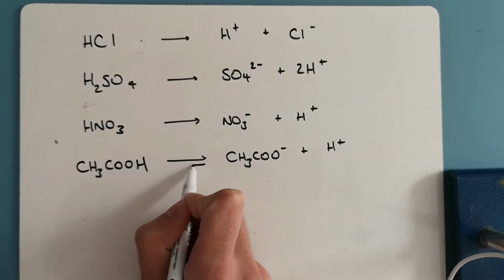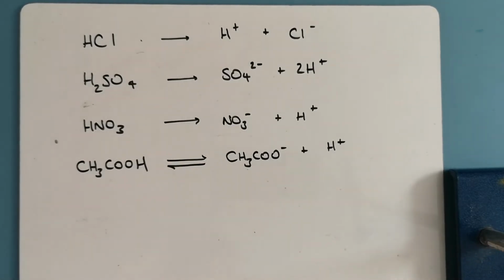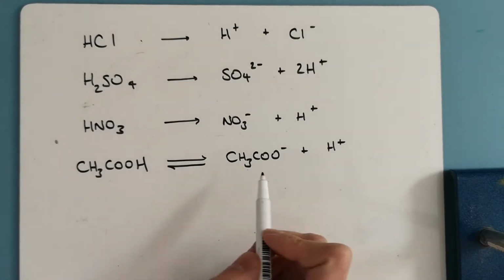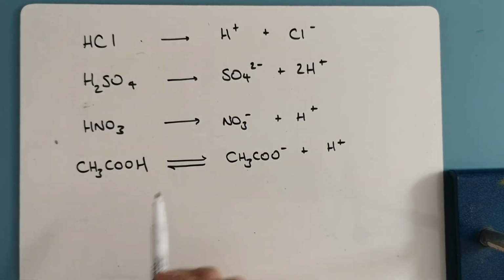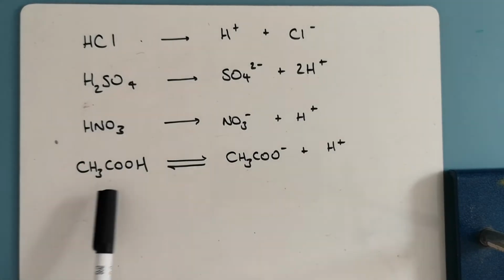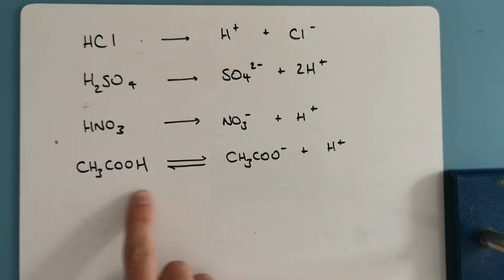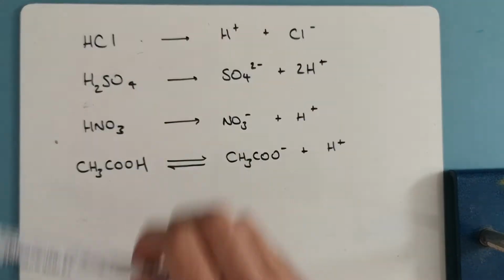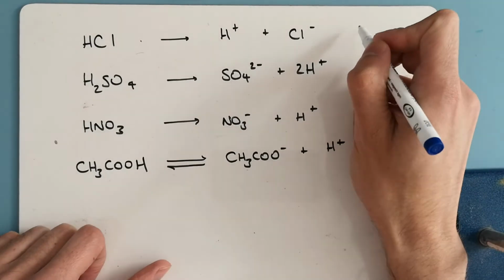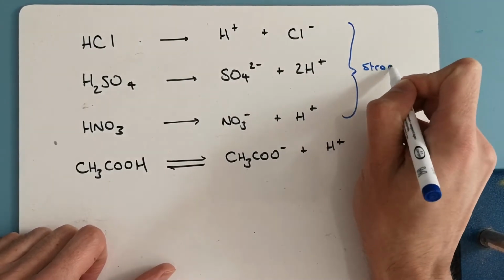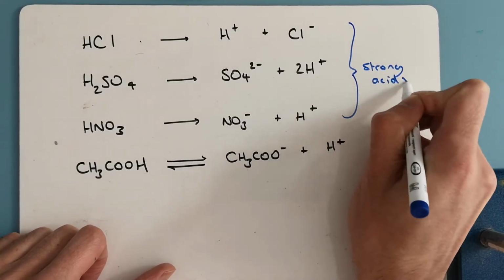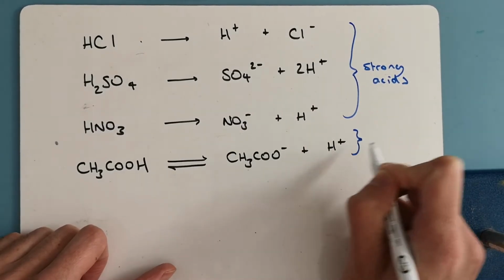So it's got a unique arrow going backwards and forwards to represent that it's going this way and that way, and it's in equilibrium. It's going this way just as much as it's going that way, and this is a sign that it's a weak acid. These completely dissociate, so all three of these are strong acids. This one is just a weak acid.